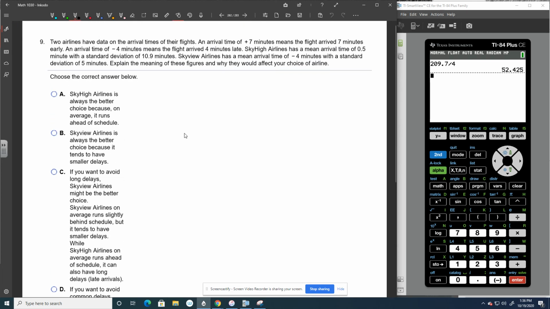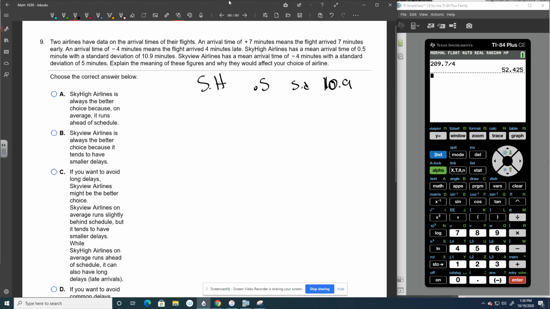2 airlines have data on arrival times. An arrival time of +7 means the flight arrives 7 minutes early. An arrival time of -4 means the flights arrive 4 minutes late. So this Sky High airline has an average arrival time of 0.5 with a standard deviation of 10.9 minutes.